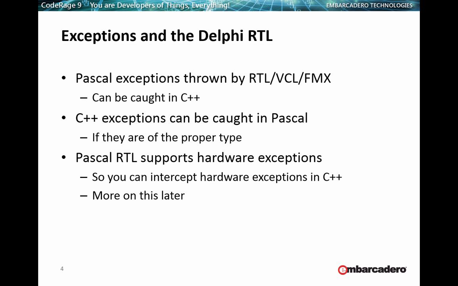And that comes with an entire set of exceptions, an exception class hierarchy, that can be caught in C++. There are some different semantics for the way C++ and Pascal exceptions are cleaned up and in how they're thrown. So we have a bunch of support in our runtime libraries to differentiate between the two and to make sure that the two interoperate properly.